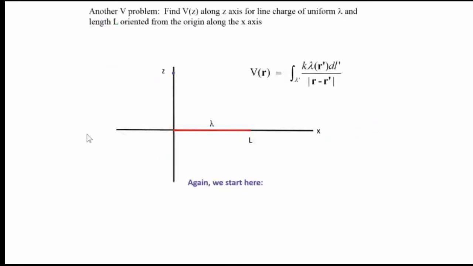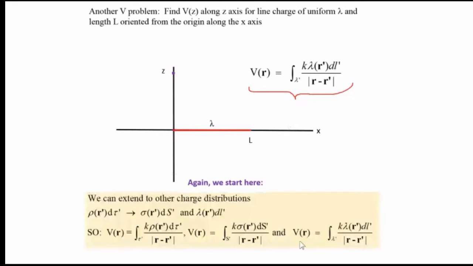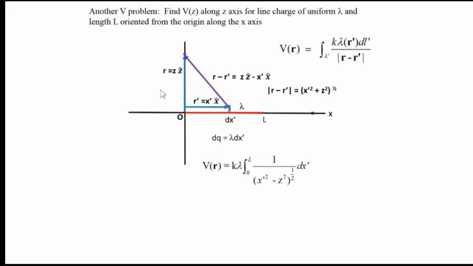Well, let's do another version of this problem, and that is to put the point on the z-axis. And so we have our same charge distribution, same potential equation, and so we're going to start with the same equation for the potential. Now our r vector points along the z-axis, and so we write it as z hat.